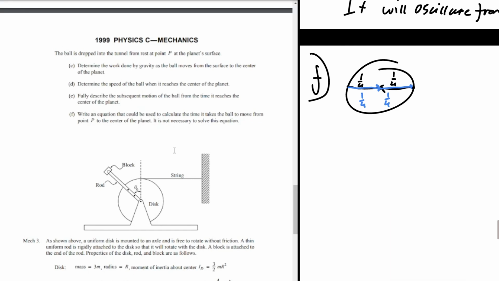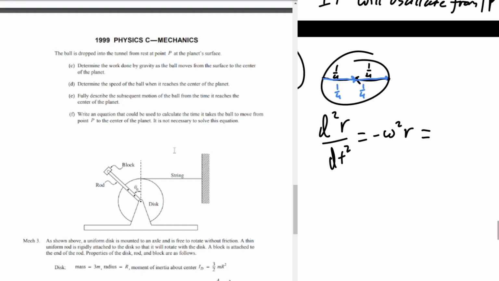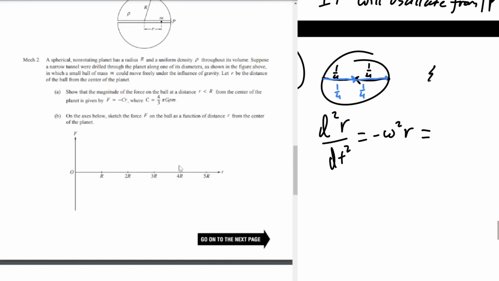If you understand the differential equation of simple harmonic motion, in this situation x is r. d2r over dt squared has to equal negative omega squared r, right? If you understand that this is the acceleration, then you can understand that the restorative force, which equals ma, equals negative cr. You can say that's equal to negative c over m times r, right? So omega squared equals c over m.